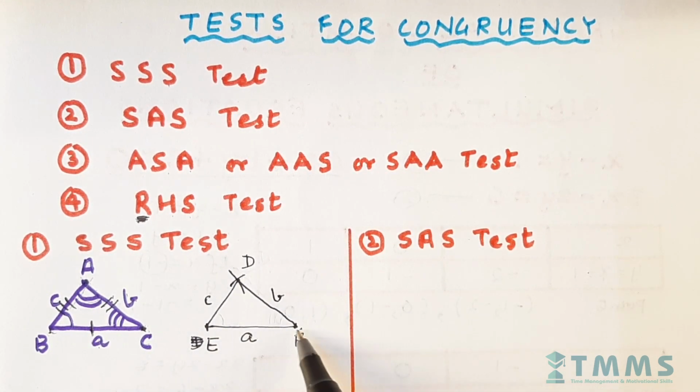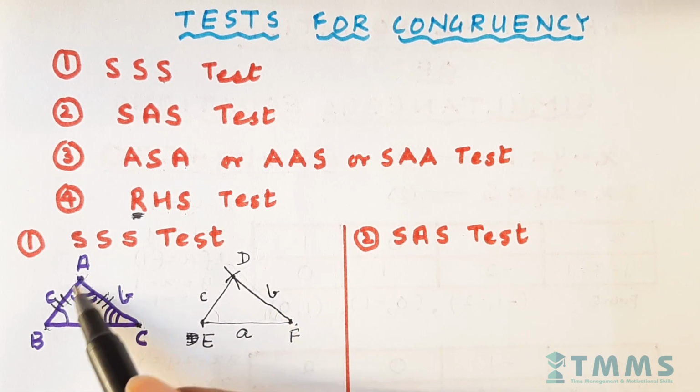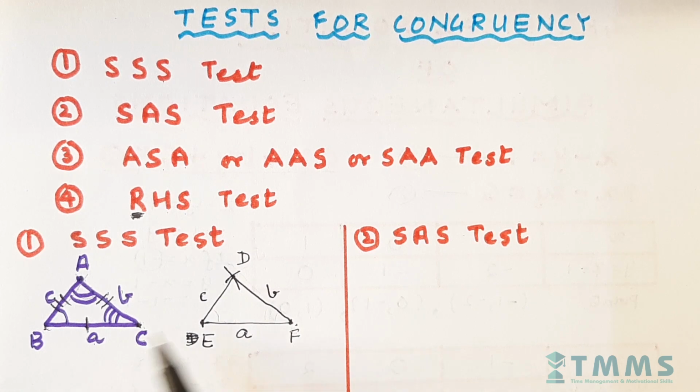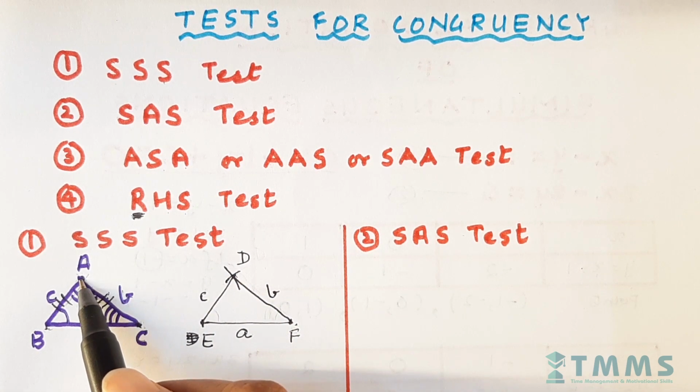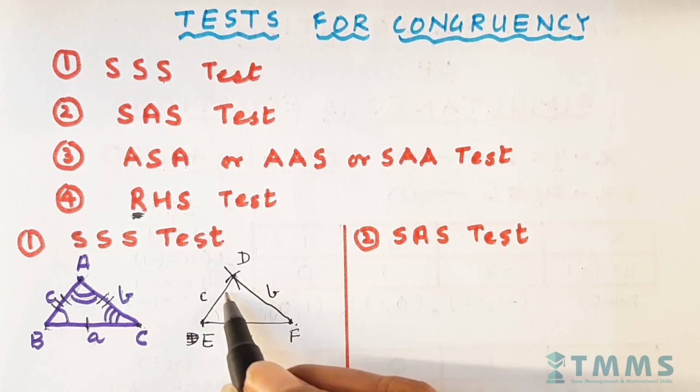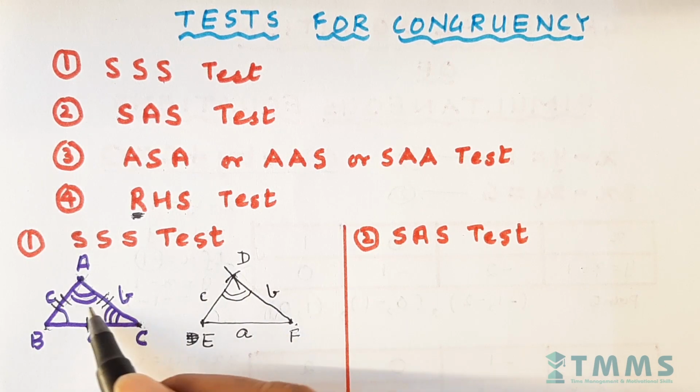Now if I were to cut out this triangle and put it on top of this, it will exactly fit on top of this, which means D is corresponding to A, and so angle D and angle A will be equal.